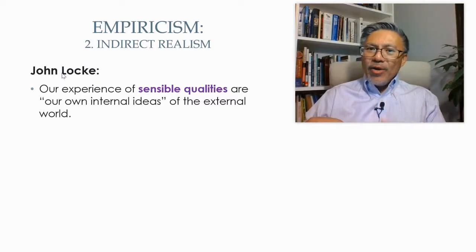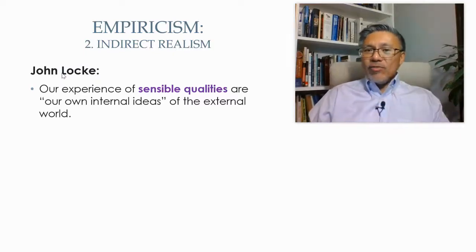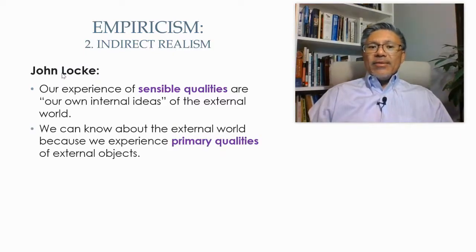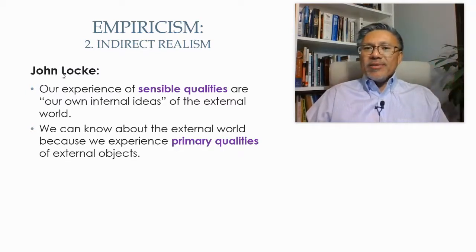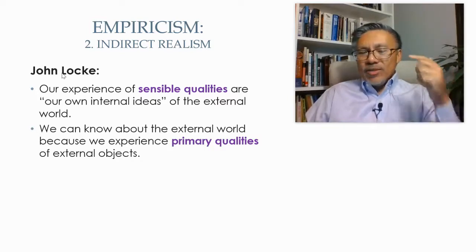But you notice how empiricism is still giving us knowledge of the world. Okay. And as we mentioned, that knowledge is of primary qualities. We can know of the world based upon the primary qualities that we experience. How many there are of something, the extension of something, whether something's in motion or not.